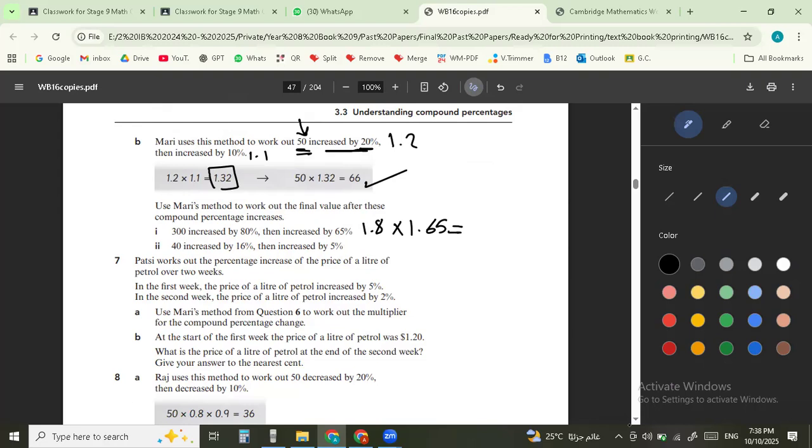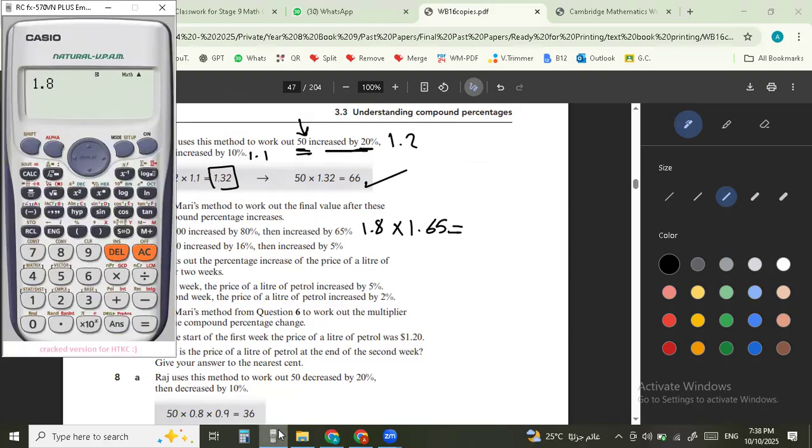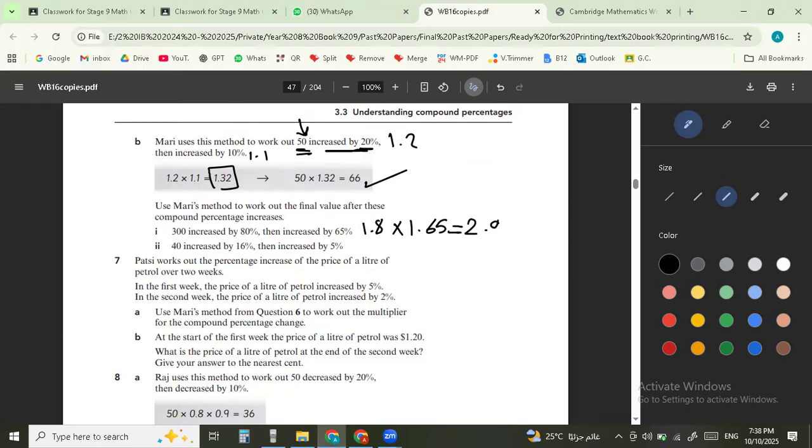The compound multiplier is, I'm going to use the calculator, 1.8 times 1.65 equals 2.97. This is the compound multiplier, so now I don't take the 300 and multiply it by 1.8 and then multiply the answer by 1.65.